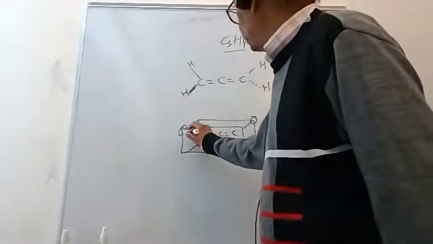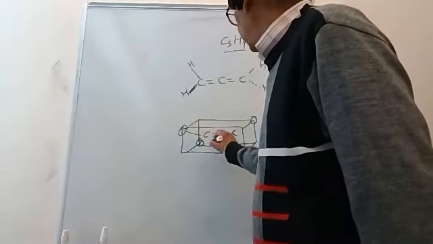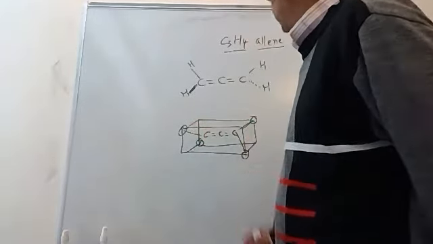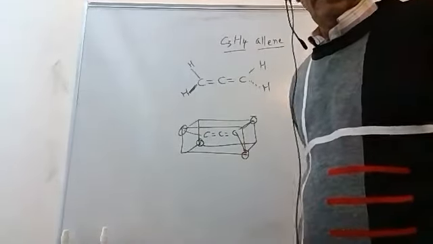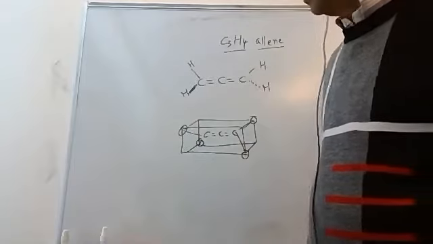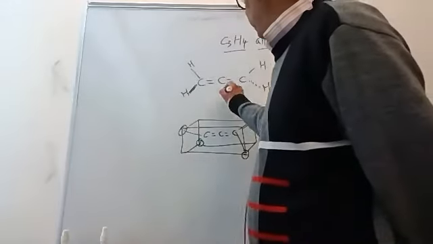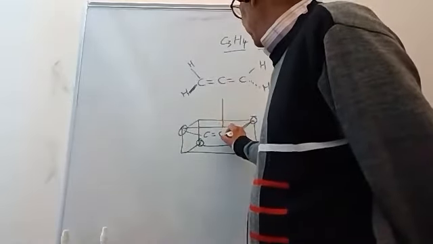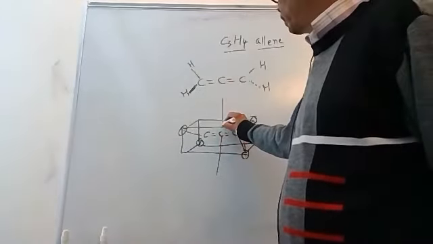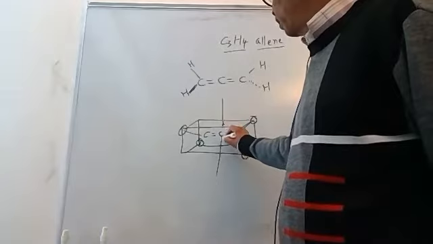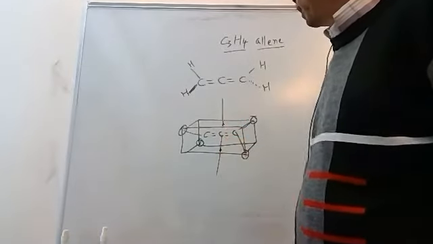See that hydrogen and this hydrogen and another hydrogen. So those are the 4 hydrogens, right? Now, if you look at this axis here, that's the midpoint of this plane, this carbon atom, and the midpoint of the bottom plane here.